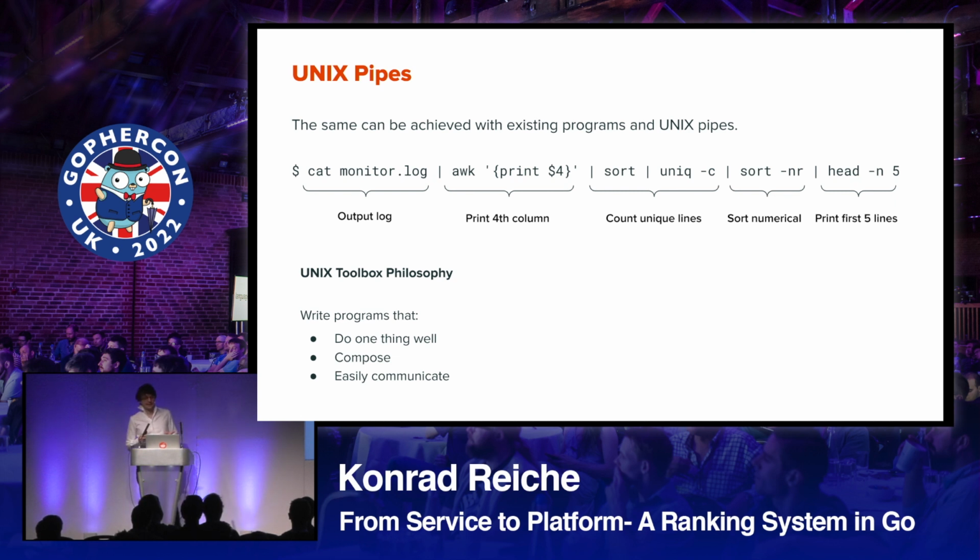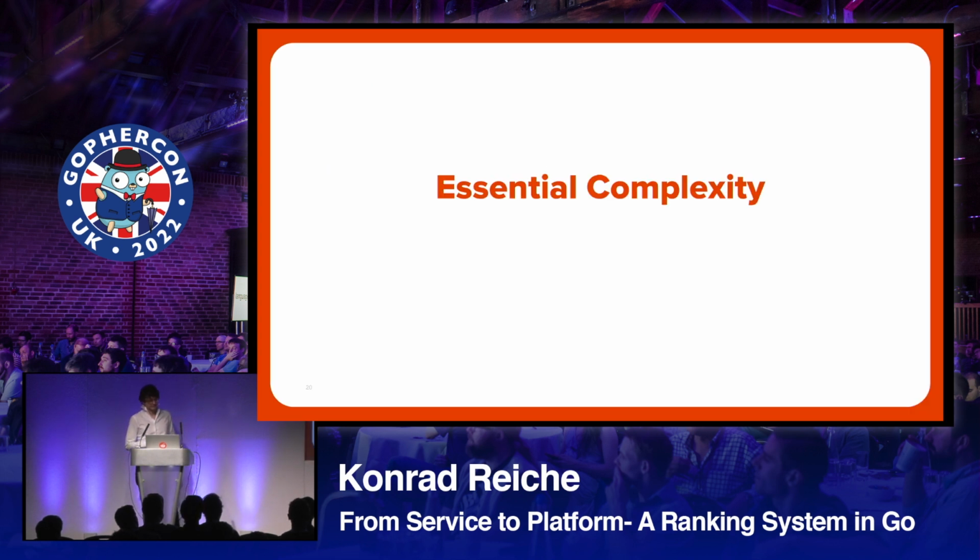This talk is about complexity, and here we have dealt with complexity head-on. You see, in software engineering, we talk about essential complexity and accidental complexity. Essential complexity describes a problem at its core, something we cannot change.